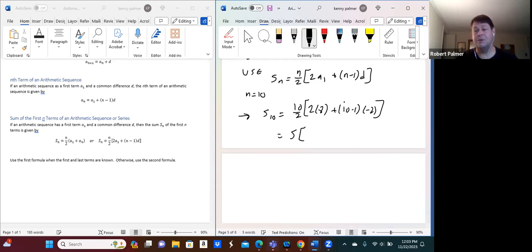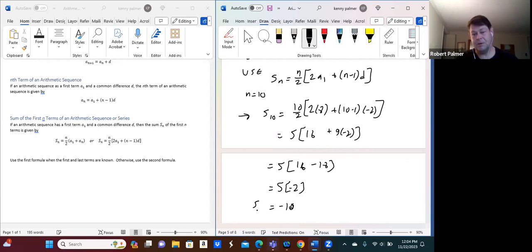And then 2 times 8, of course, is 16, plus 9 times negative 2. Okay. And so we have 5 times 16 minus 18, which, of course, is going to be 5 times negative 2, which is going to be negative 10.